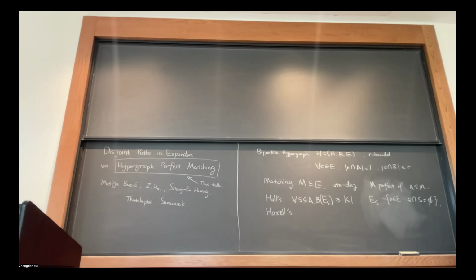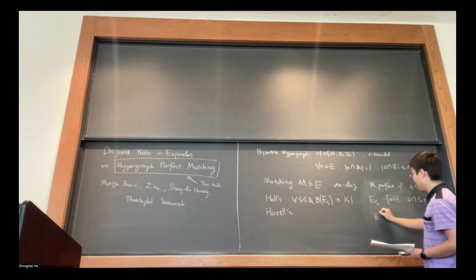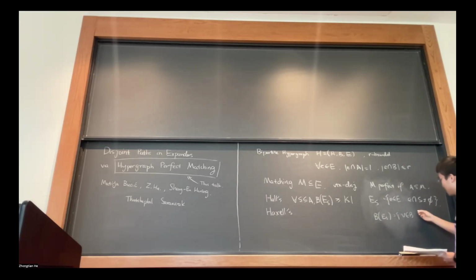What is B here? B plus is the set of vertices from B such that there exists an edge in E_S.